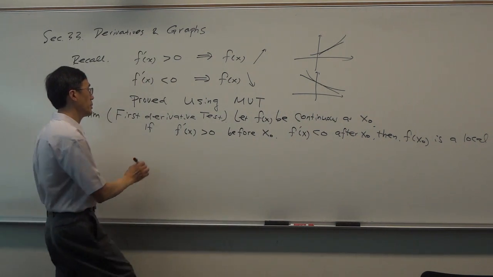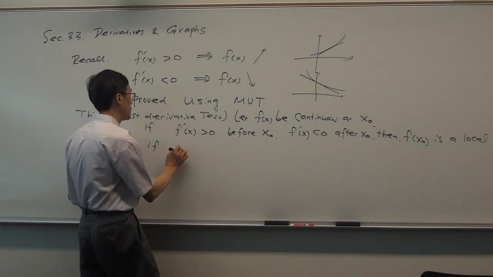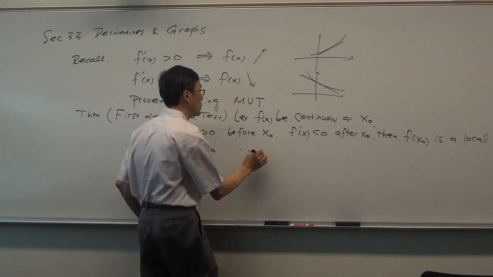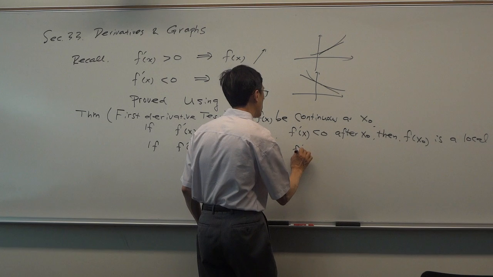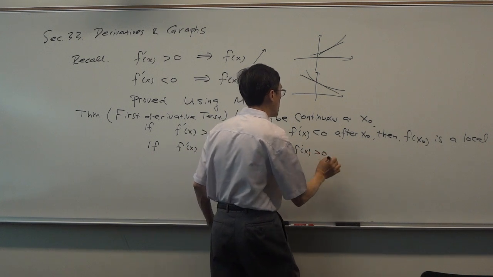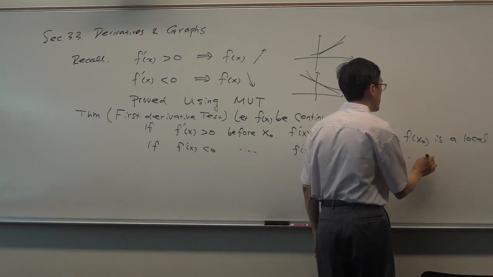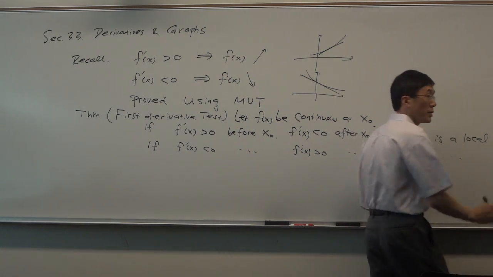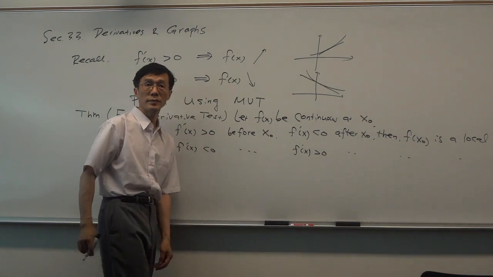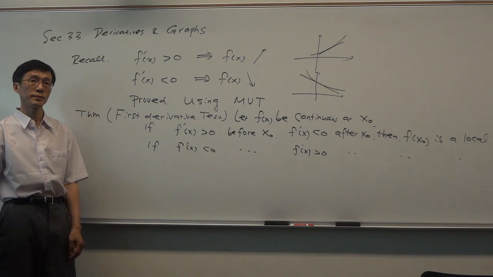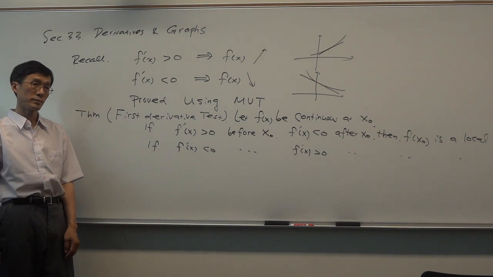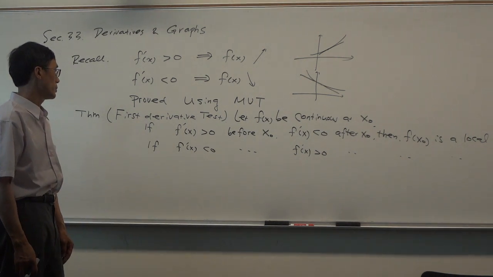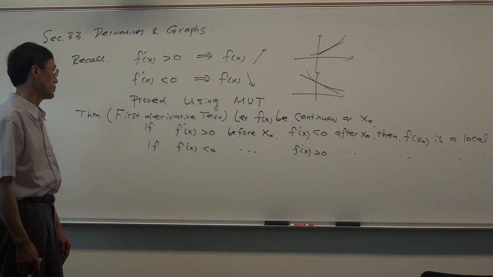And likewise, if f prime x is negative before and positive after, then it will be a local minimum, right? Is that clear? You may wonder about other situations.